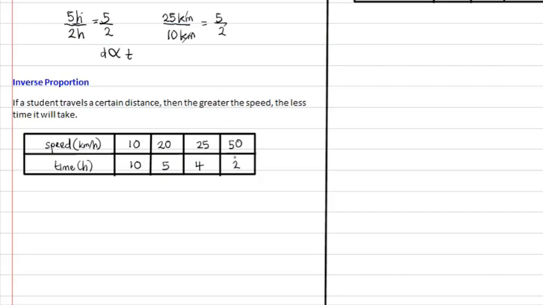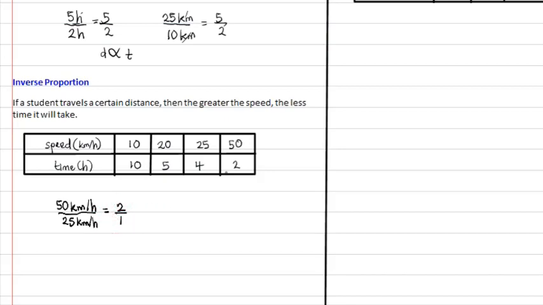So if we try it, we say 50 kilometers per hour divided by 25 kilometers per hour. We're going to arrive at 2 over 1, that is 2.